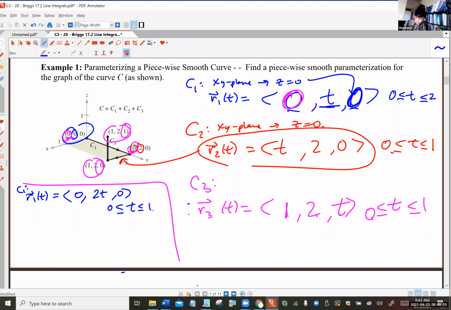Now, why is that working? Well, if you plug in 0 seconds, it does start at 0, 0, 0. And if you plug in the 1 second, you do end at the ending point, 0, 2, 0. Well, which way is better, yours or theirs? It doesn't matter. Parameterization isn't unique just so long as it matches the curve.